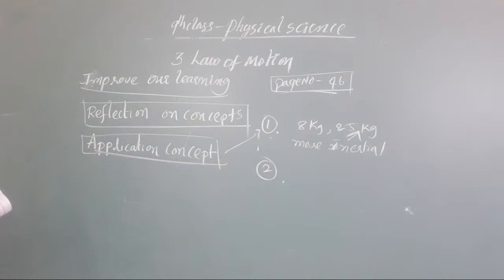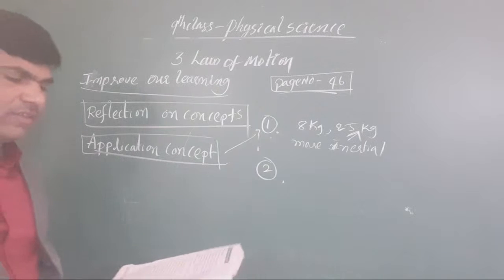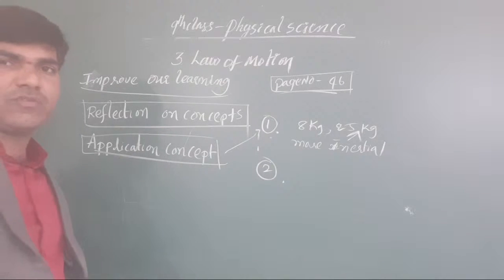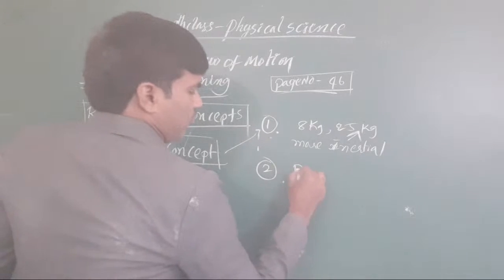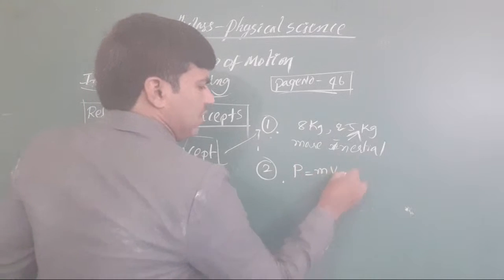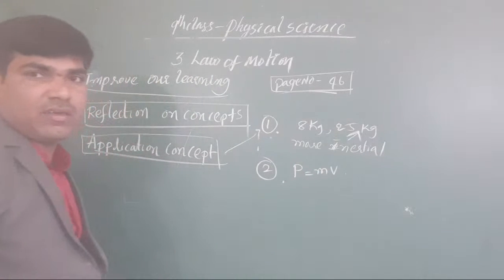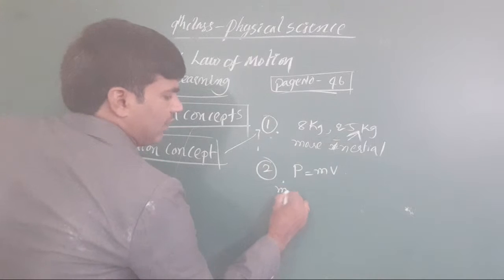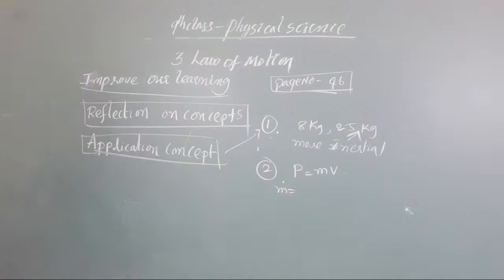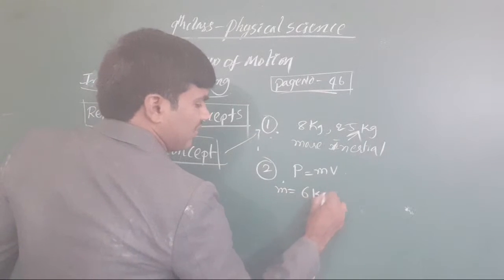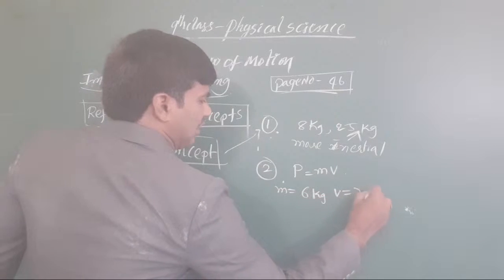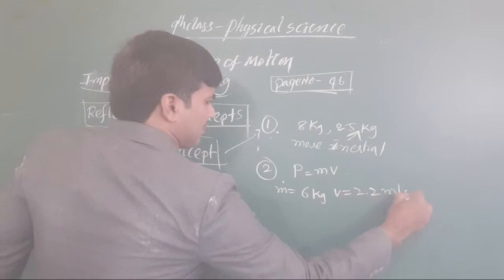What is the momentum of a 6 kg ball bowled with a velocity of 2.2 meters per second? Momentum is P equals mv. Given m equals 6 kg and v equals 2.2 meters per second.